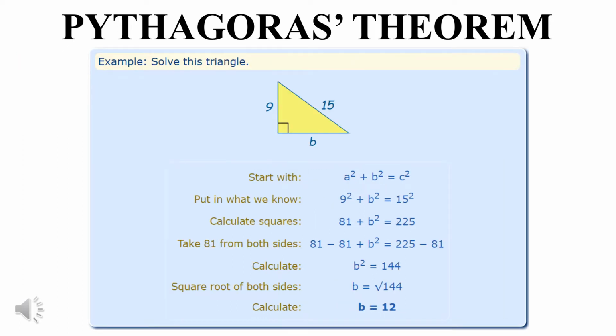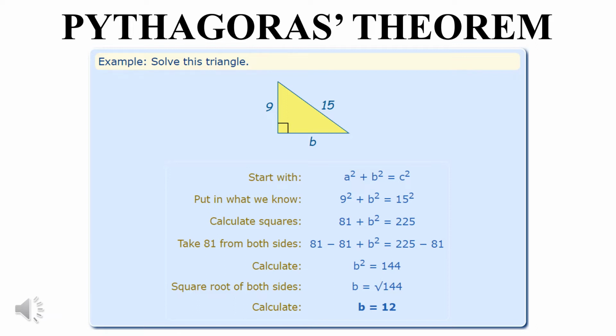Example, solve this triangle. Start with A squared plus B squared is equal to C squared. Put in what we know. 9 squared plus B squared is equal to 15 squared. Calculate squares. 81 plus B squared is equal to 225.